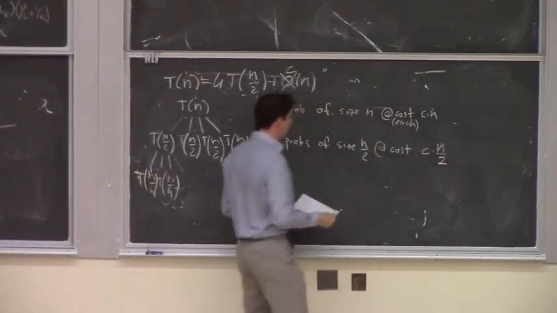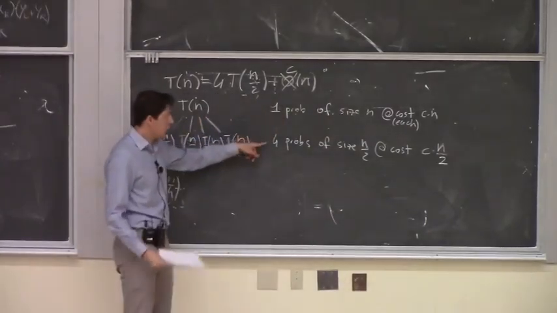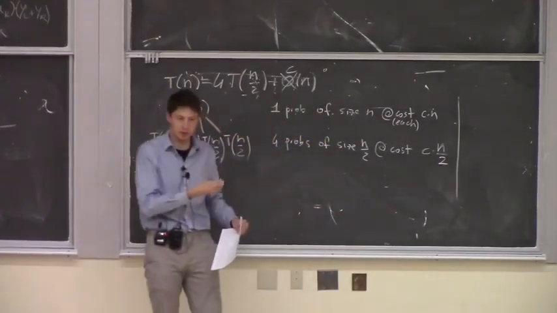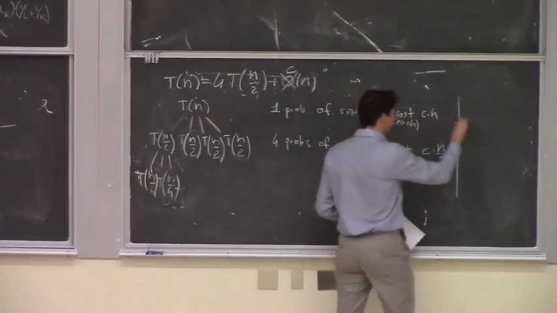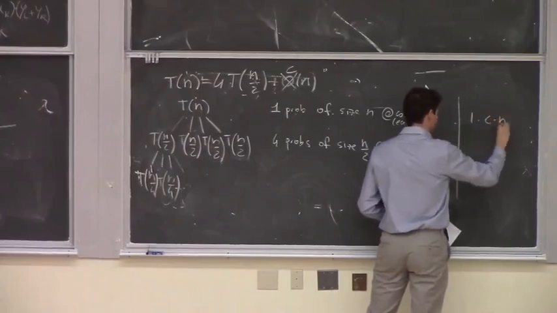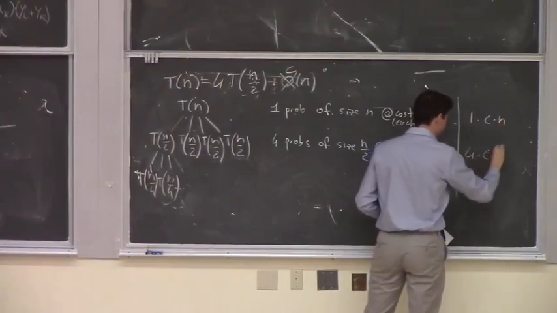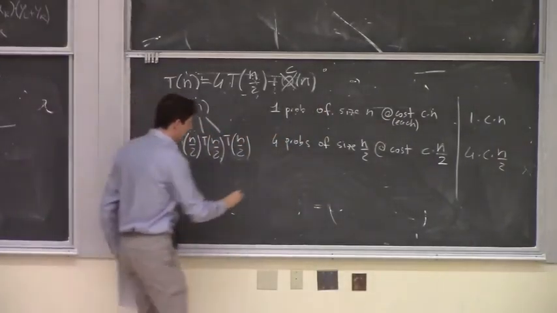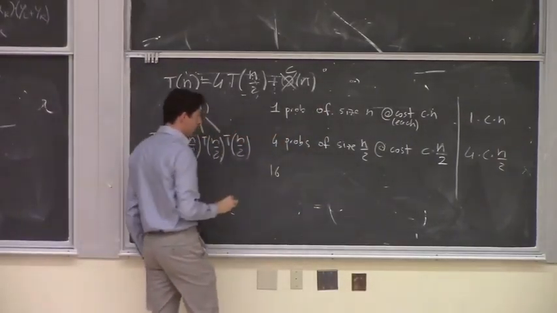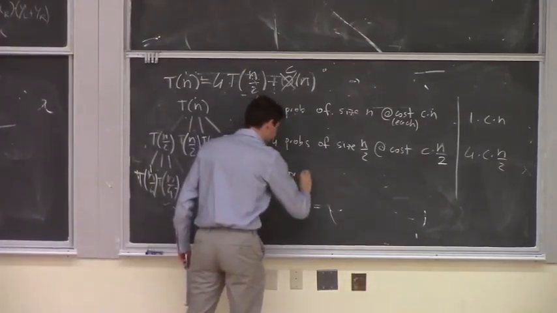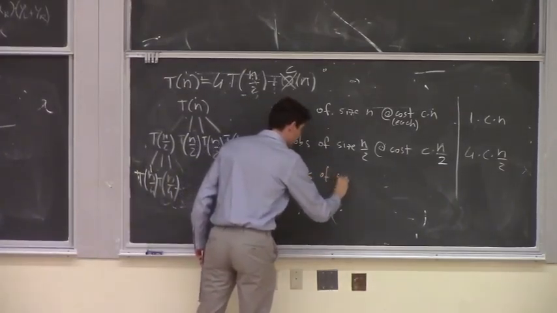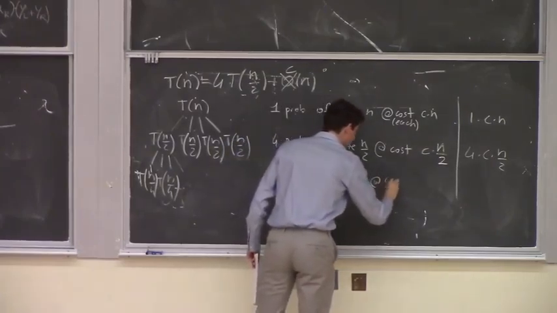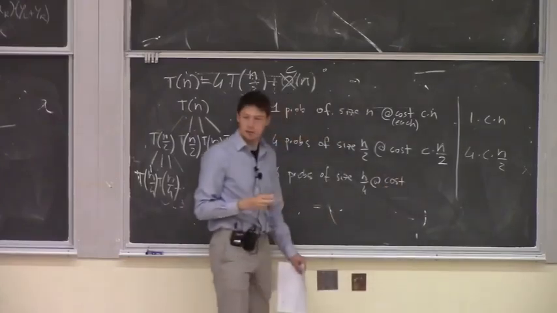Now, of course, we have 4 problems, so what we should care about is the total cost across the layer. Here it was 1 times c n. Now it's 4 times c times n over 2. That's the cost in the second layer. Now, if we go further down, we're going to have 16 problems of size n over 4 at a cost each of what?